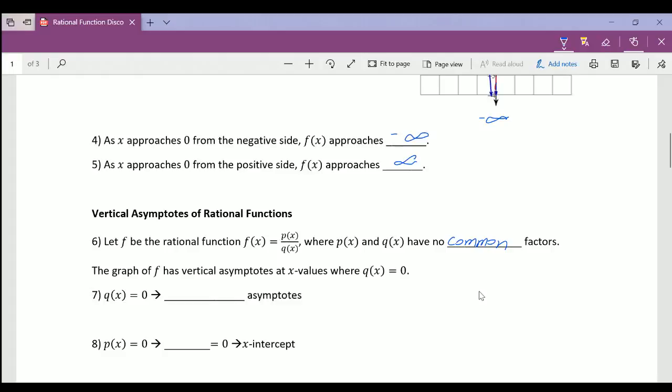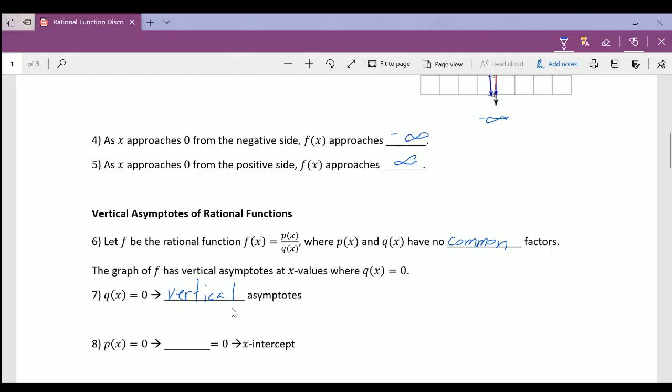So anytime q of x, that's the bottom, equals 0, those are your vertical asymptotes.